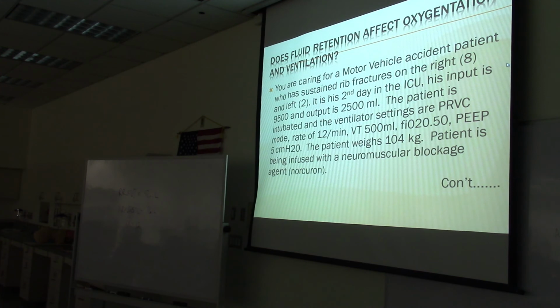But I can see how you were thinking, well, pneumothorax, we've got all these fractured ribs. There's no mention of chest tubes, no mention of high airway pressures or chest x-ray, nothing. I guess we may have to make some assumptions. It's the second day in the ICU, so maybe all of that was taken care of.